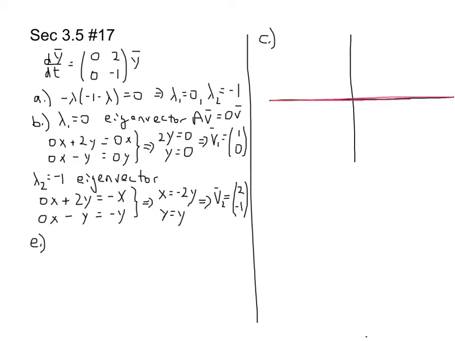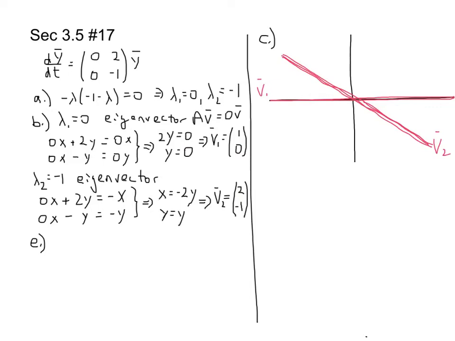So here's v1 corresponding to lambda equal to 0, and the direction 2, minus 1 would look something like this. So this corresponds to the direction of v2. Sorry, it's poorly drawn.